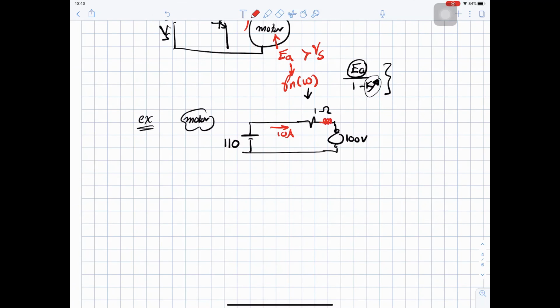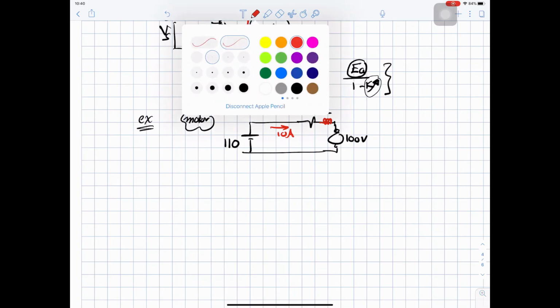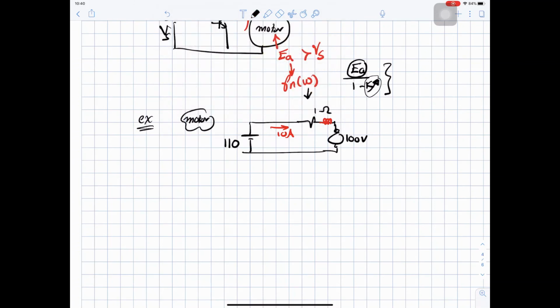And the effect of the inductance, when we study steady state, will have no effect, because the inductance has no effect on steady state. So this 10 ampere is giving us a certain torque. And this 100 volt is proportional to a certain speed.